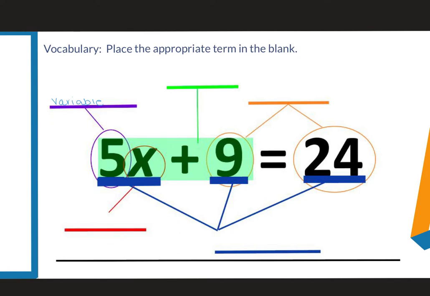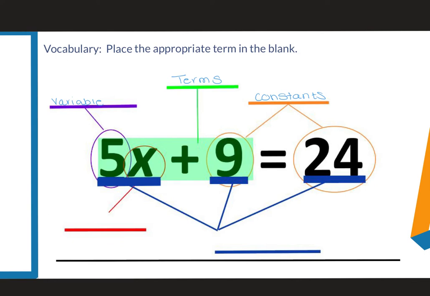We also have that 5x, 9, and 24 are all considered terms. All right. We can look here and see that 9 and 24, those are going to be our constants. All right.